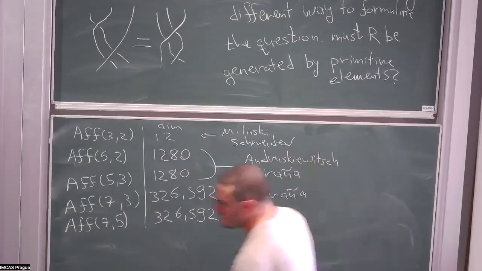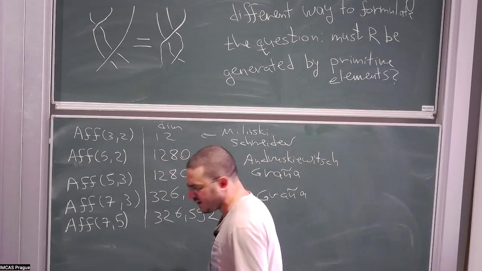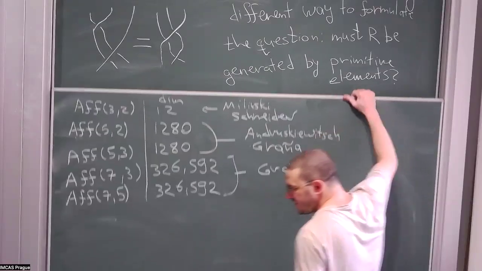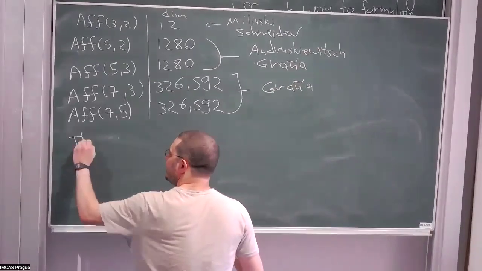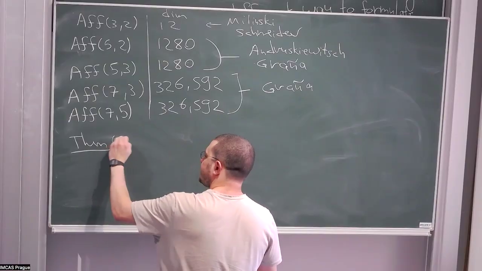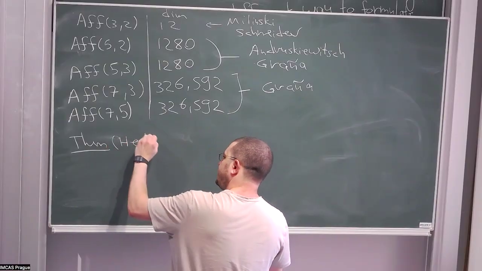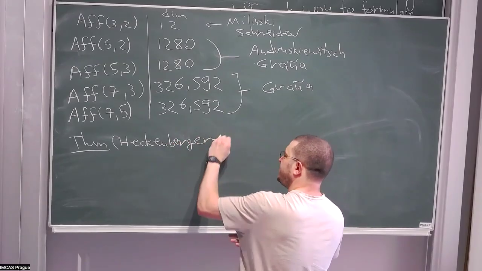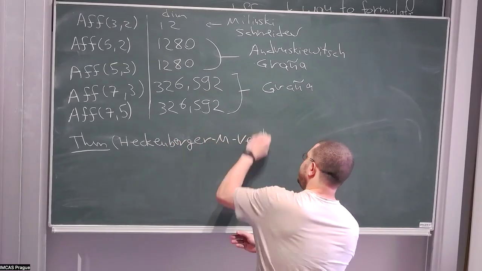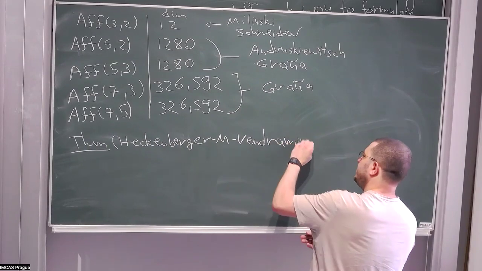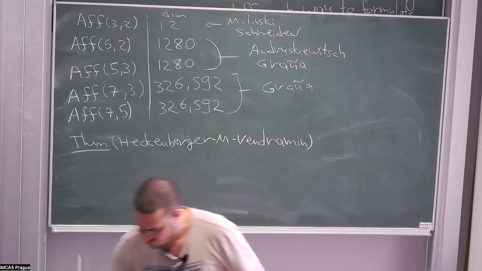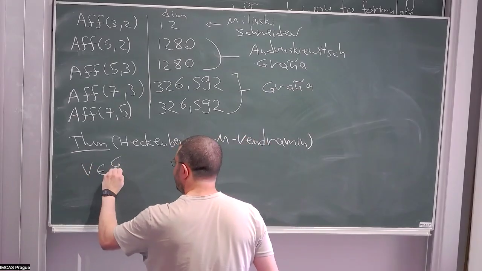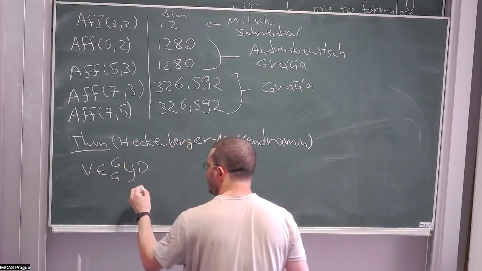Okay, now here's the thing. So we have these 5 cases, but to some extent, these 5 cases are everything. So let me mention the following theorem. This is Heckenberger, myself, and Leandro Vendramin. So we show the following thing. So let's say that V is inside the category of Yetter-Drinfeld modules over G. It's a Yetter-Drinfeld module.